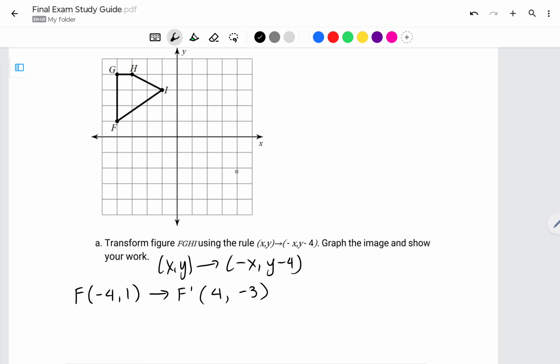So 4, negative 3 is right here. Okay. G is at negative 4 and 4. So again, the x went from x to negative x, so I'm attaching another negative here. So that's going to be positive 4. And then my y is 4. 4 minus 4, that's 0. So 4, 0 right there.